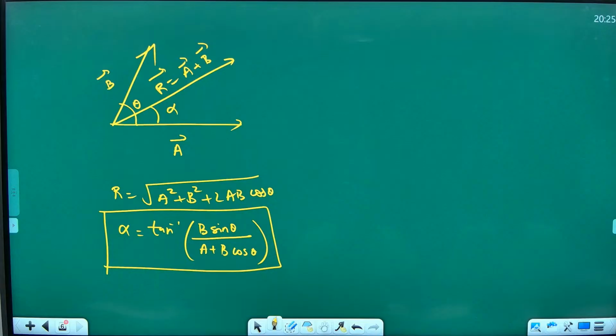Okay, maybe correct. Direction? Think. I have given the formula in front of you. Try.